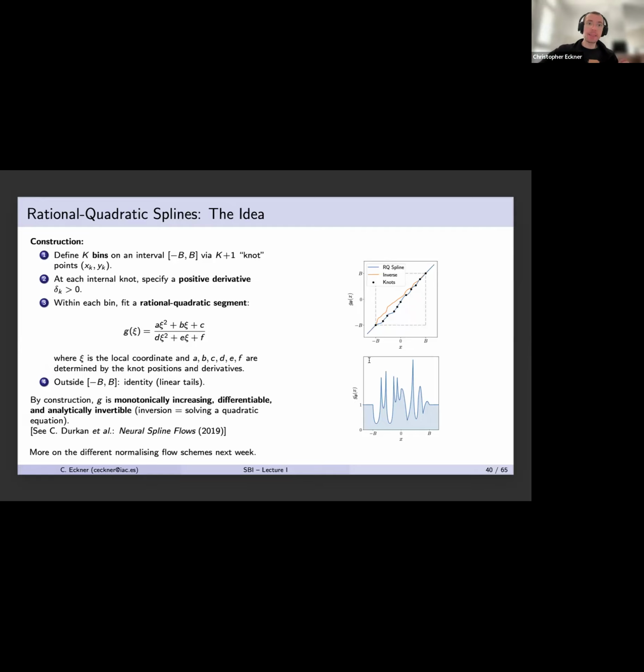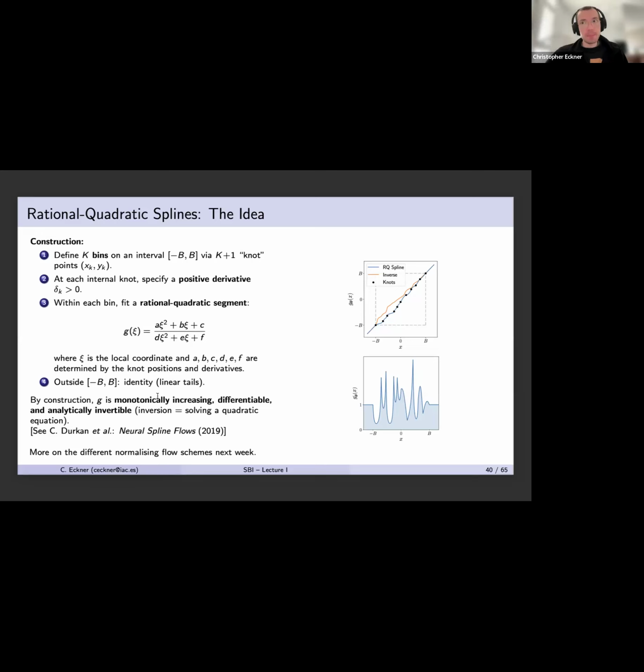And the spline is, in this case, this function g here, which is a rational quadratic segment. You could also use a cubic segment that has been used in the literature, but let's take this quadratic segment here, such that the whole construction is monotonically increasing, differentiable, and analytically invertible.